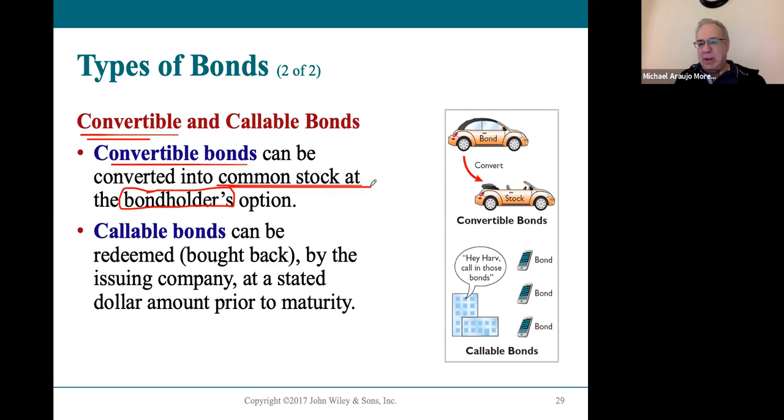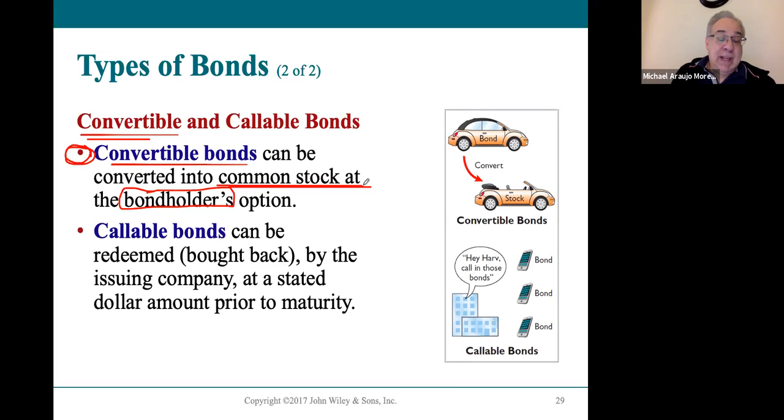That's a convertible bond. Hey, I have this $1,000. I know you're paying me interest. I know I'm going to get this $1,000 back, but you've also provided me with a conversion feature that says I can convert my $1,000 bond into 10 shares of common stock. Boom, I want to do that. The bondholder has that option in a convertible bond.